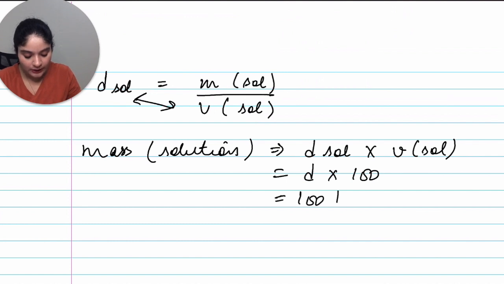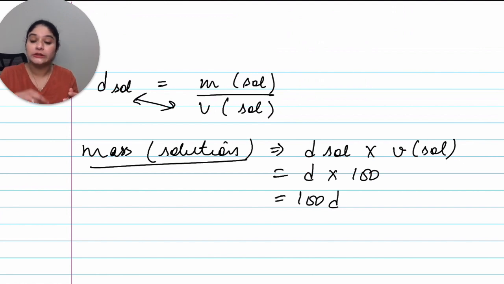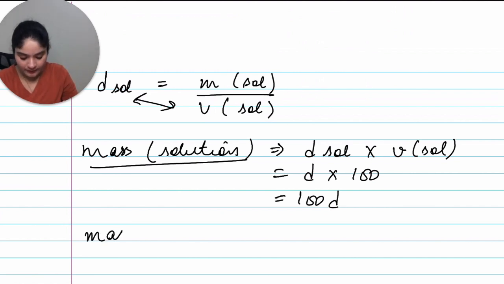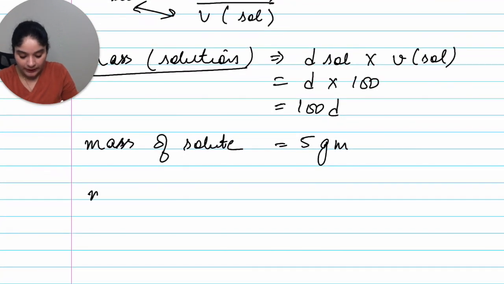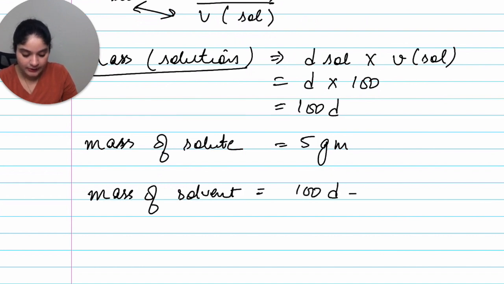So you have 100 D. This is your mass of the solution. Now we are trying to reach the mass of the solvent. Mass of the solution you have figured out. Mass of solute was 5 grams, if you remember, I took the example of 5%. So that means mass of solvent will be 100 D minus 5.